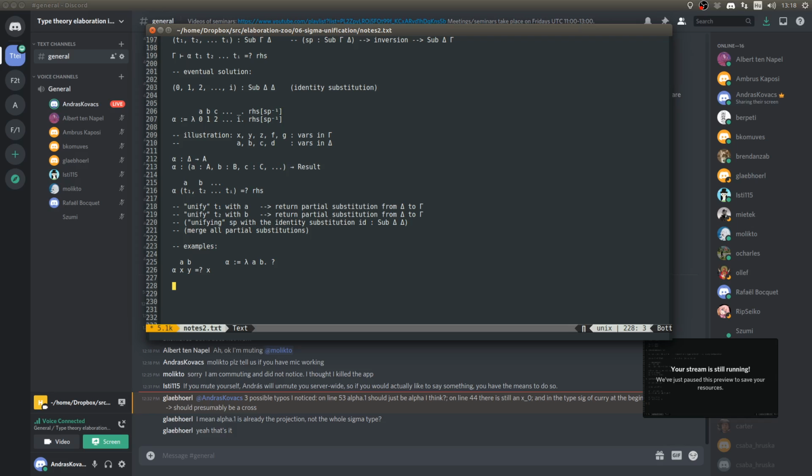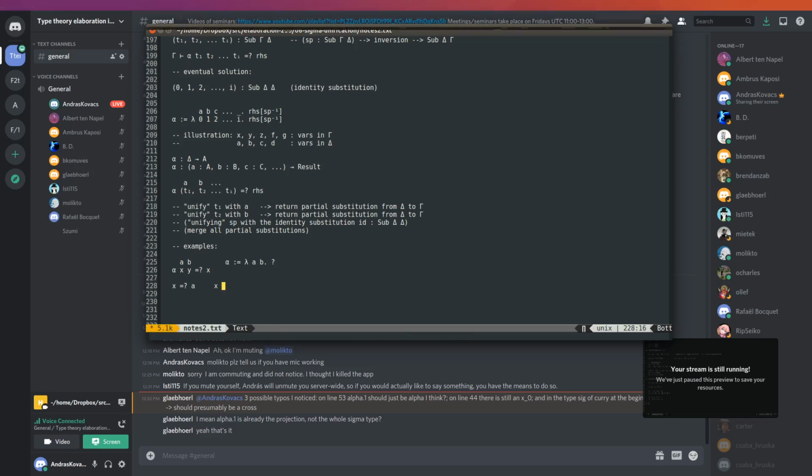So I do this unification, so I unify x with A, and then I get this partial substitution, which maps x to A. So this is a partial substitution because it maps this variable to A, but it doesn't map anything else to anything. So this is undefined on everything else. So this maps x and is undefined on every other variable.